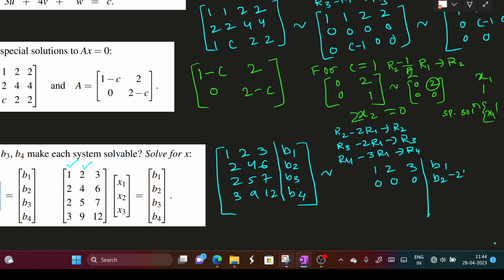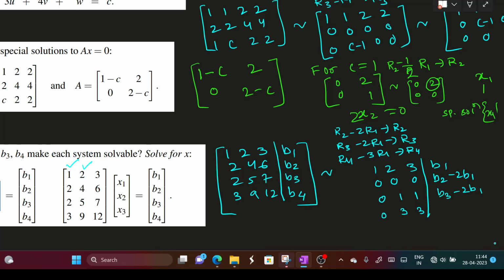B2 minus 2B1. Then it is 0, 1, 1, B3 minus 2B1. It is 0, 3, 6, 3, 9, 3.